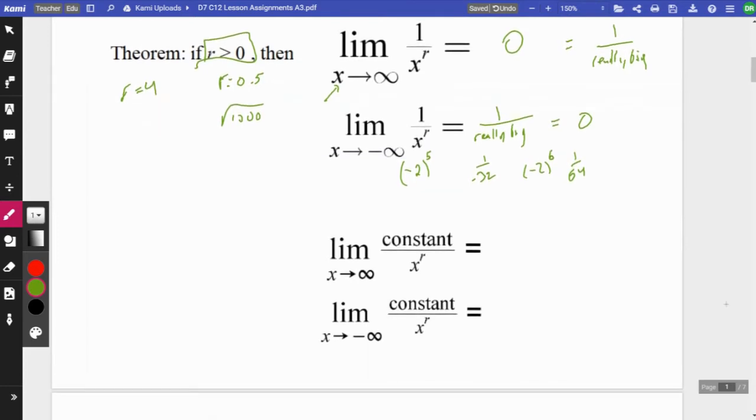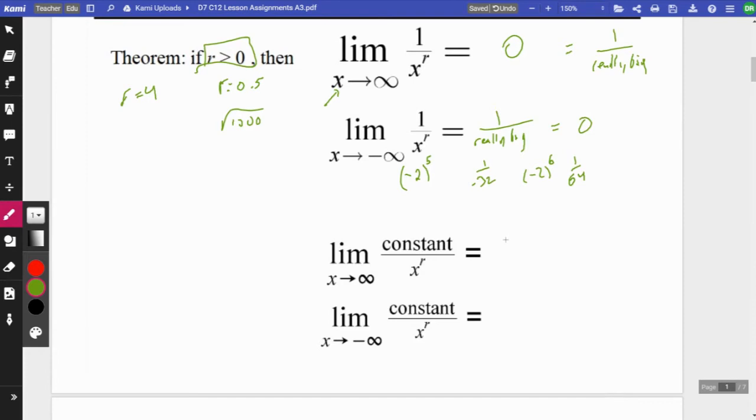And then the next two examples are just saying, let's say you had a constant on top, like let's say 1,000. We have 1,000 on top, okay, and then x to the r on bottom. And if we had the same situation, we're saying as x approaches infinity, so we're not plugging in small numbers like negative 2, or in this case positive 2.